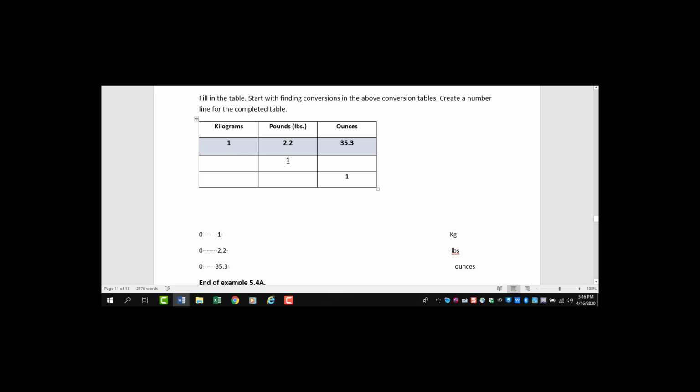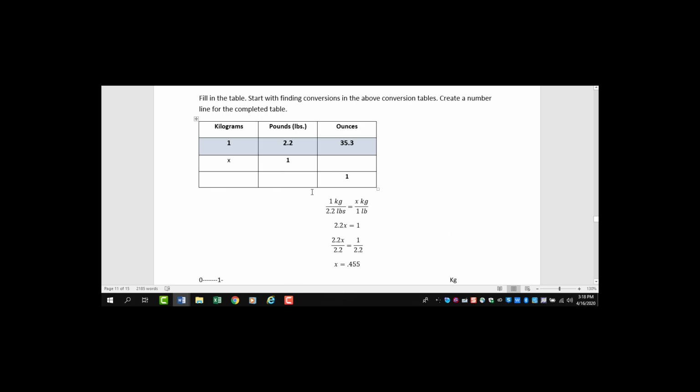So if you take 1 and divide it by 2.2, you'll get this. But let's just go ahead and create a proportion. I'm going to write this down, solving for this first. I have this relationship, solve for this. I'm going to write it down right here.